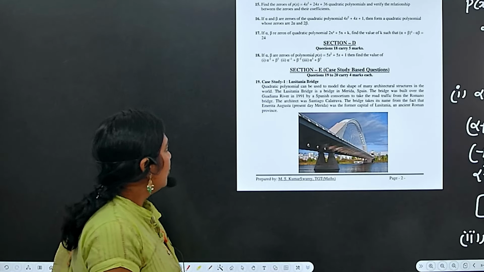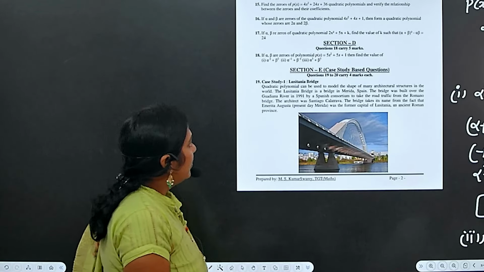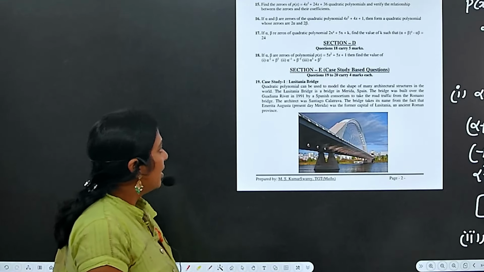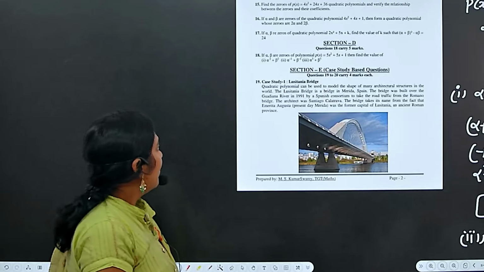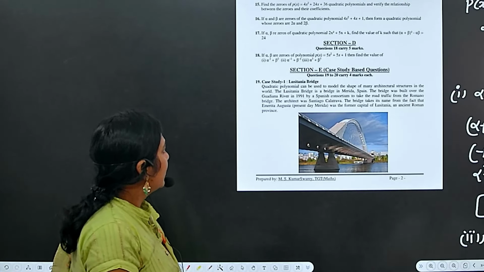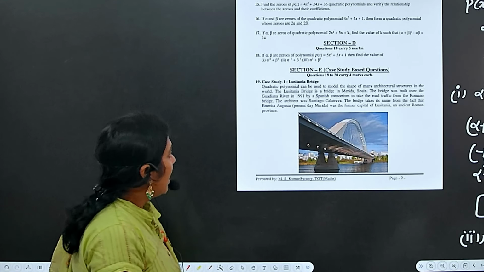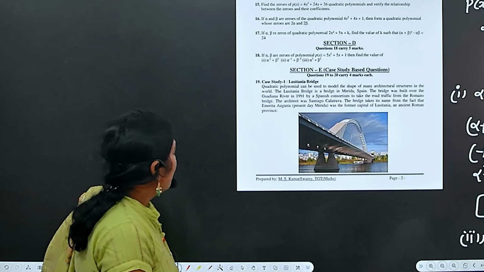The architect was Santiago Calatrava. The bridge takes its name from the fact that Emerita Augusta, present-day Merida, was the former capital of Lusitania, an ancient Roman province.